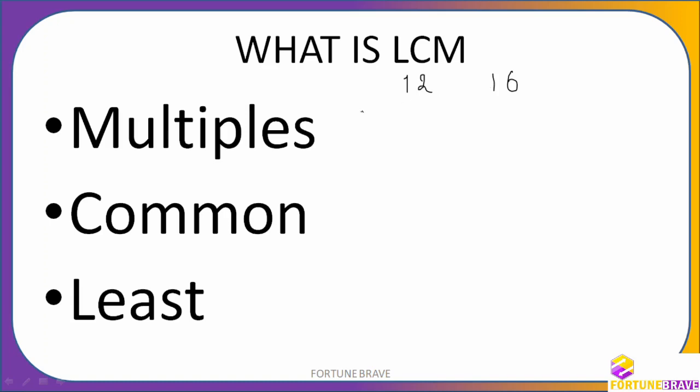So what are the multiples of 12 now? I am going to write one below the other so that it will be easier to understand. Multiples are those numbers which are divisible by the given number. So what are those numbers which are divisible by 12? 12, 24, 36, 48, 60, 72, 84, 96, and there is no end to it.